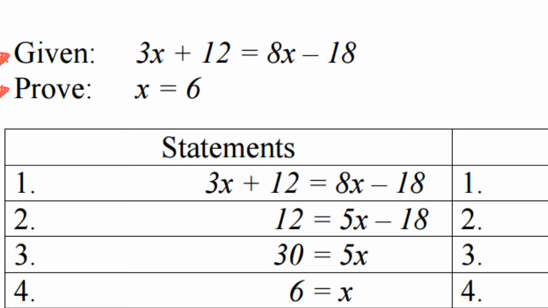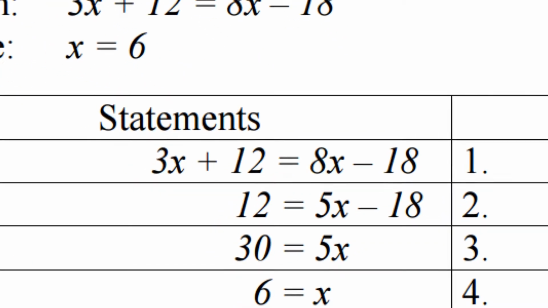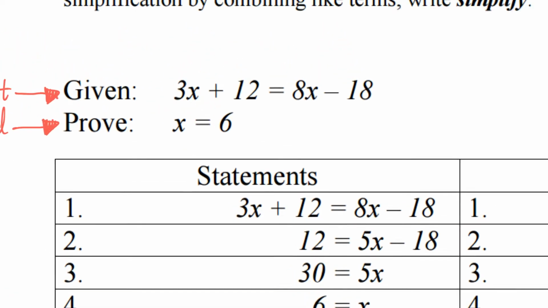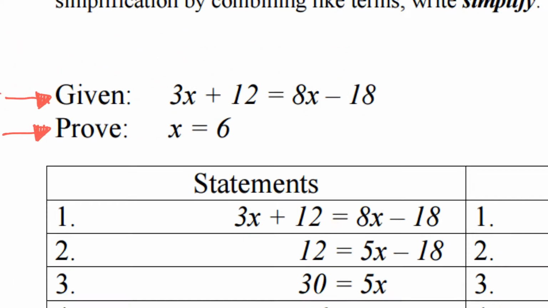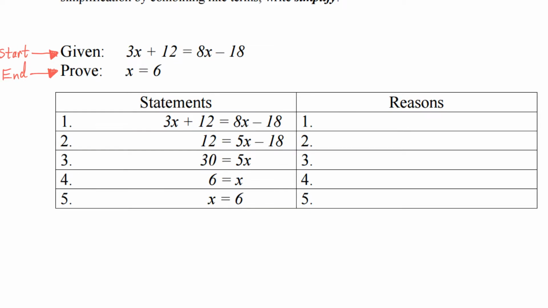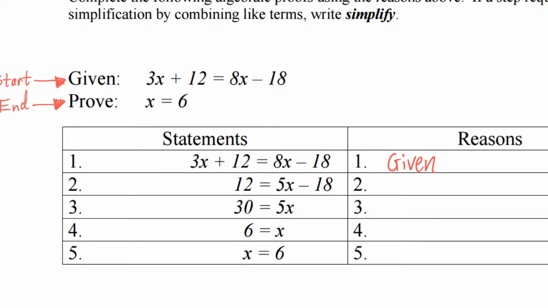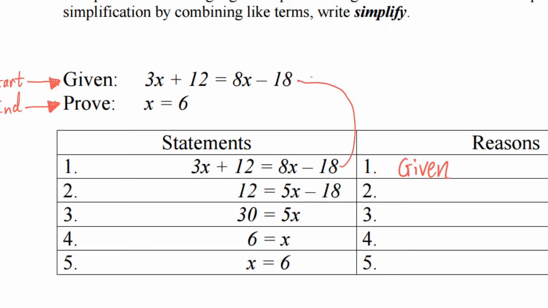How do I know that that is true? The reason I know that's true is because that's what they gave to me. See how this matches exactly what's given? That's typically the way you're going to start these proofs. You're going to start off with what you're given.